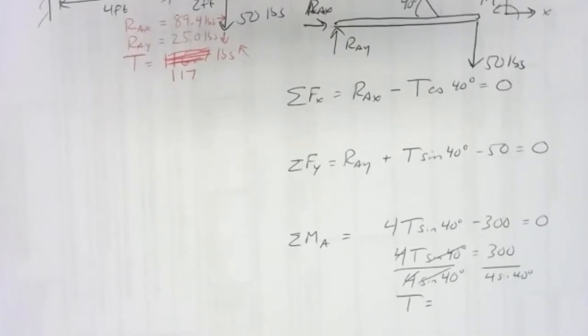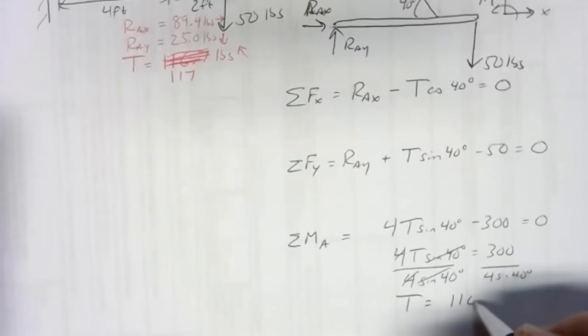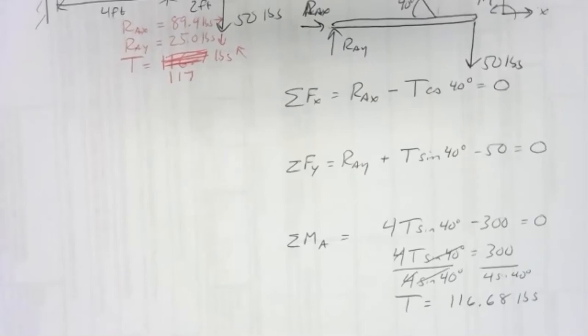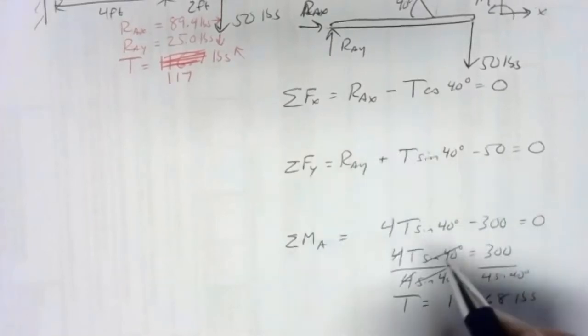So 300 divided by 4 divided by the sine of 40 gives us 116.68, and that is pounds. So 116.68 pounds.